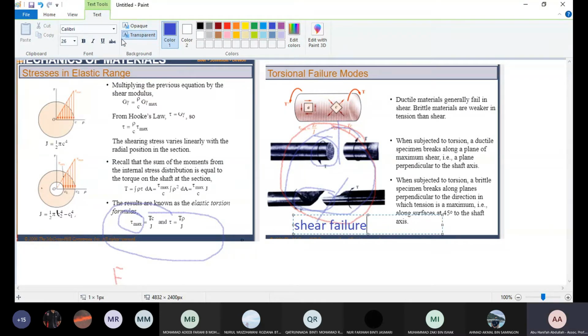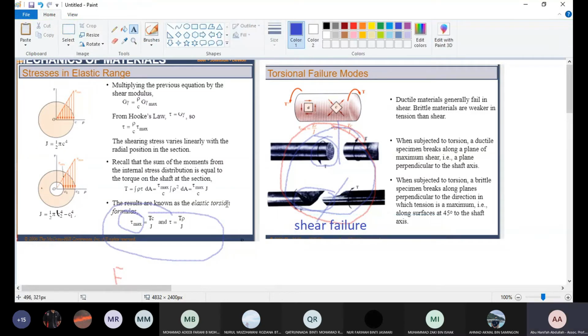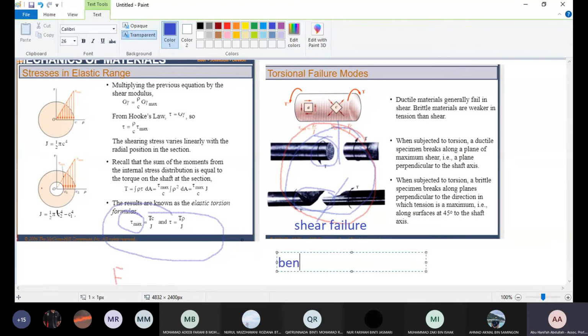And then we talk about bending. It gives you axial stress failure. For the torsion, shear stress failure.